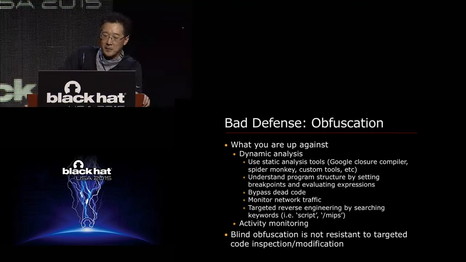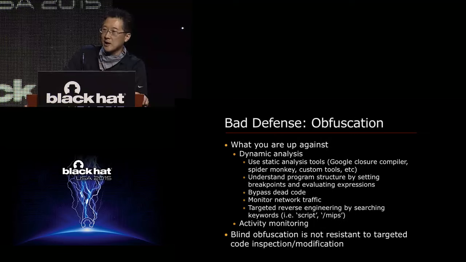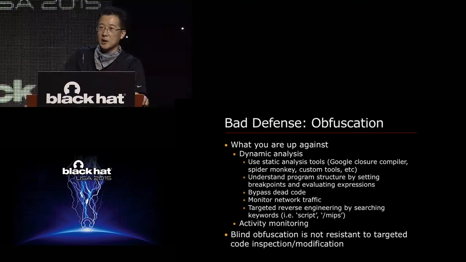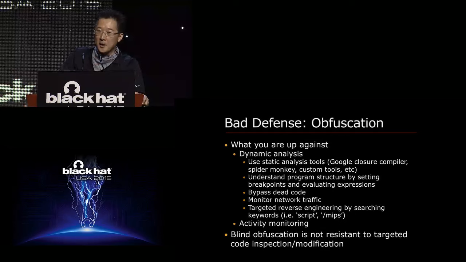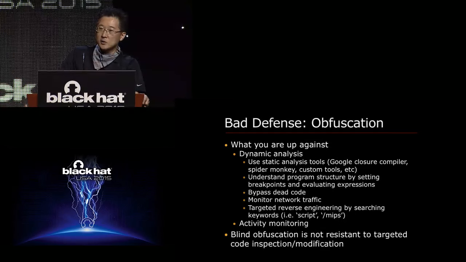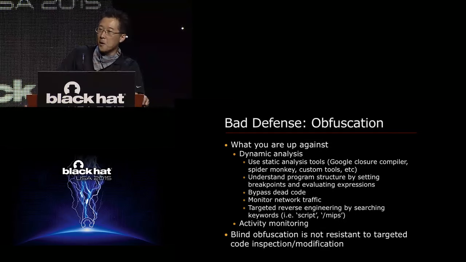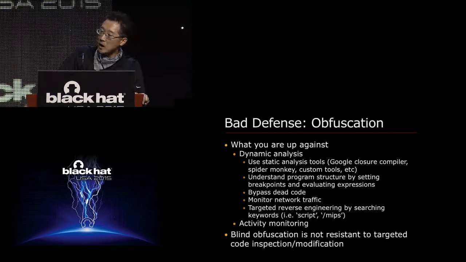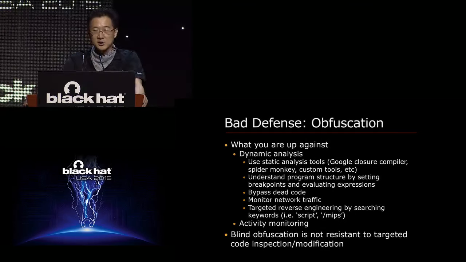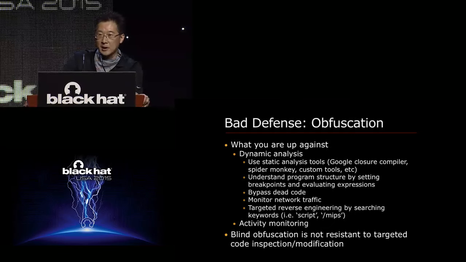At this point of time, let's have a look at what the attackers can do. The attackers are not going to spend hours and hours or even days of time doing reverse engineering just of the evasion code. What they do initially is simply dynamic analysis.